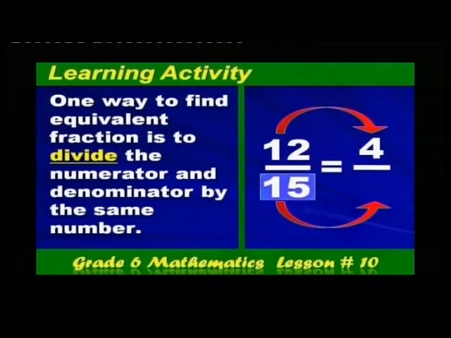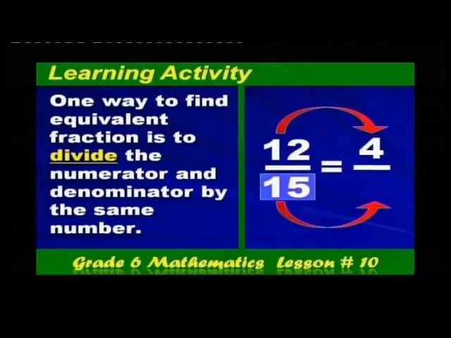One way to find equivalent fractions is to divide. In your previous lesson you were multiplying. Today we are going to divide the numerator and denominator by the same number. In your previous lesson's exercise, you were working out equivalent fractions. Now let's try to find the equivalent fraction to 12 over 15. 4 is given.